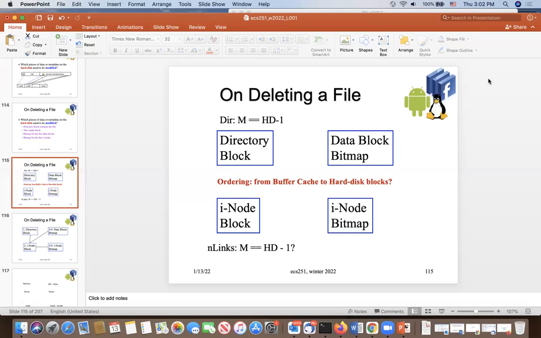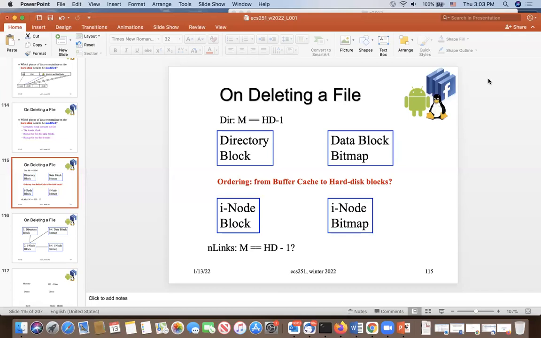If I write back the inode block to the original place, but I haven't updated the inode bitmap, it could be that the inode is not free because the bitmap is written later than the inode block.